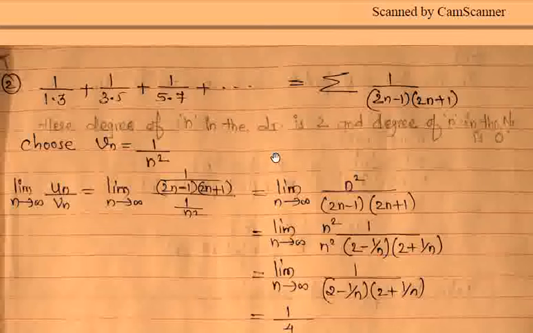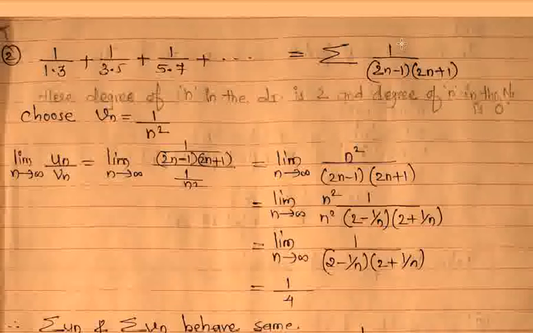Here the degree of n in the denominator is 2, because n times n is n squared. In the numerator the degree is 0 because there is no n, so it would be 1 divided by n to the power of the denominator degree, which is 2, minus 0, so 1 divided by n squared.